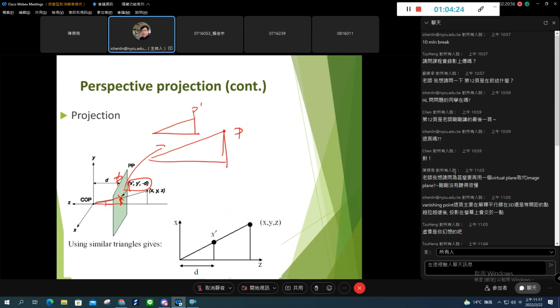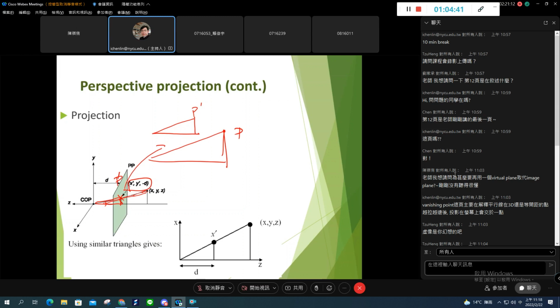Because we follow the straight line rules, so these two points are along the same line.